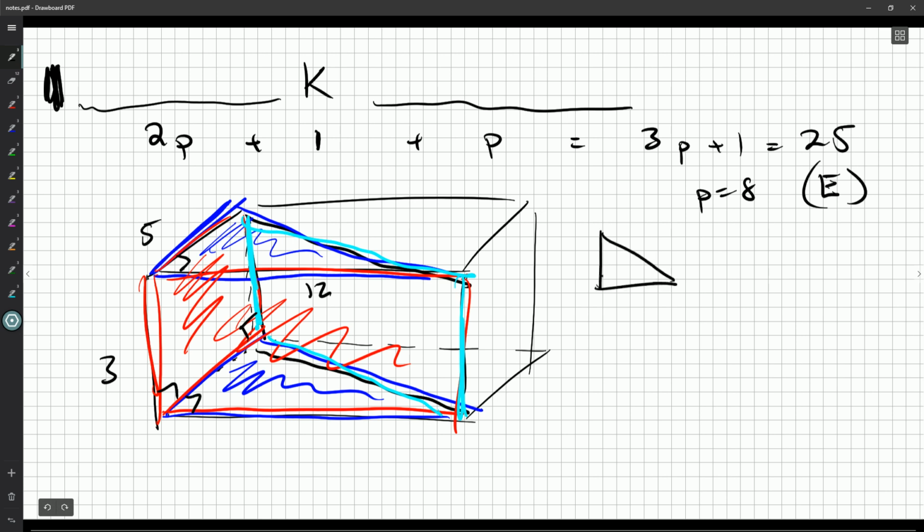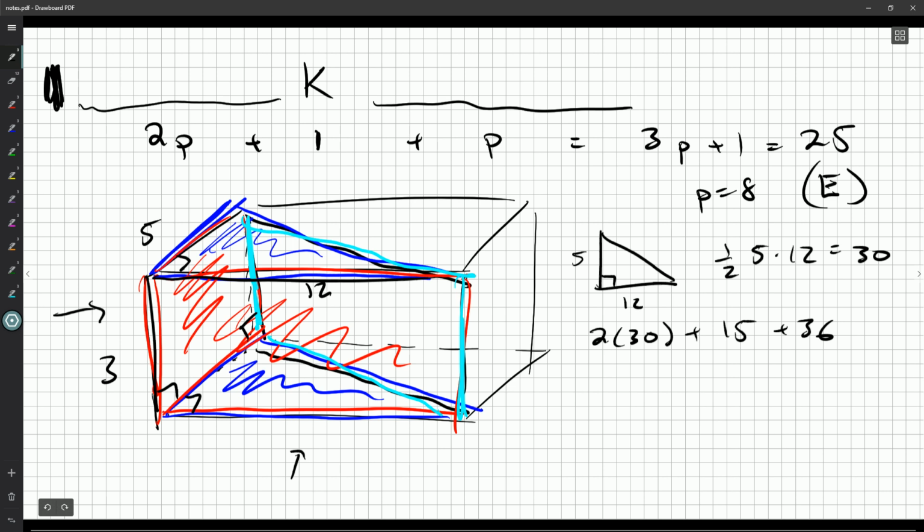So we need two copies of the area of a 5 by 12 right-angled triangle. Well, area is 1/2 base times height, so it should be 30. So I'm going to have two of those. Plus, and then I've got this rectangle over here is a 3 by 5, so 15. This rectangle up front is 3 by 12, so that's an area of 36.